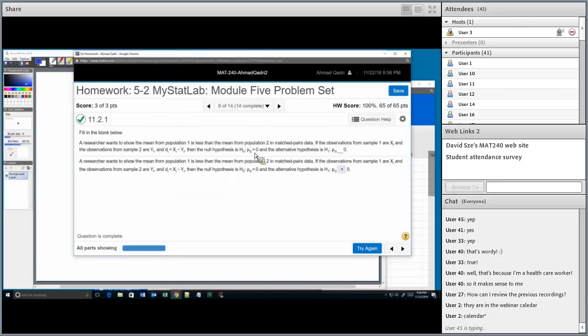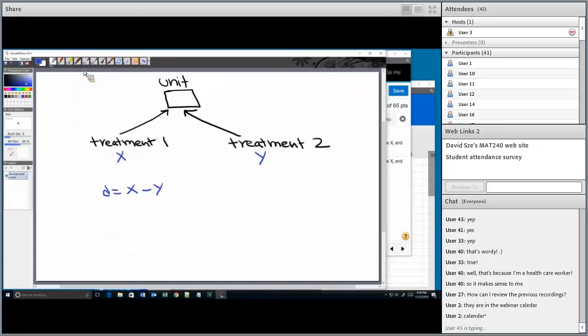Then the null hypothesis is that under the null hypothesis, your mu d equals 0 and the alternative is what? So if this is true, then your null hypothesis is that mu d is 0. And let me show you what that means.